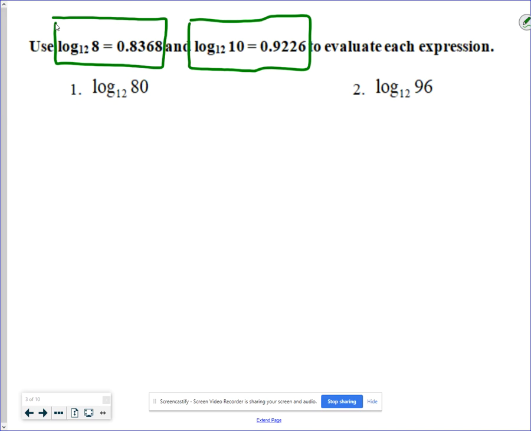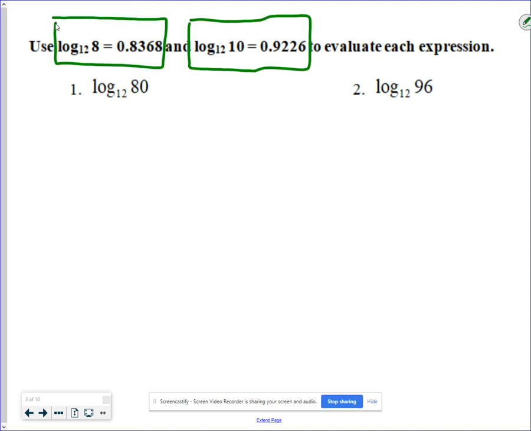We don't know how to find these decimals. Back in the day, before we had calculators, they had logarithm tables, and that's what you use to find logs. But today we got calculators. But I'm not going to show you how to use the calculator yet, how to do logarithms on calculators. So what we're going to have to do is try to do these by hand.